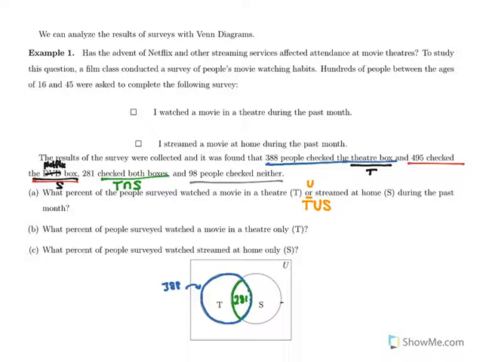So how many are in the part that doesn't include the 281? Well, we can say that T only is going to be 388 minus 281, which is going to give us 107 in that little area there. Similarly, we can do this for S only.